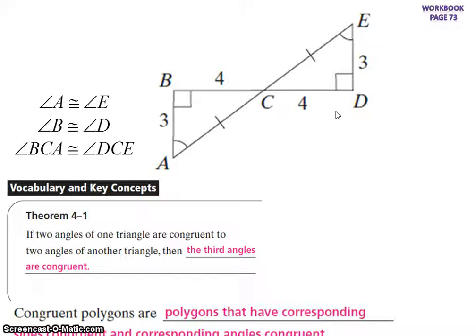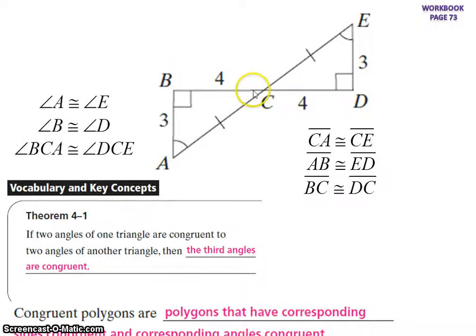Well, we know that congruent polygons are polygons that have corresponding sides that are congruent and corresponding angles that are congruent. So can we conclude that just yet? Let's have a look and see. We know that CA is congruent to CE because it's marked. We know that AB is congruent to ED because it is both marked as 3, and we know that BC is congruent to DC because it's also marked as being 4 units in length.